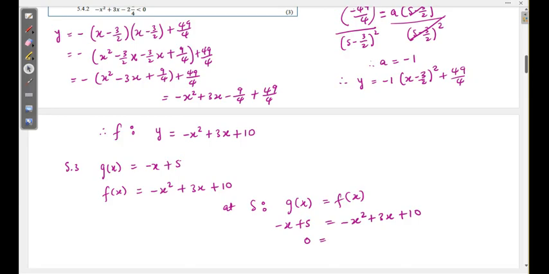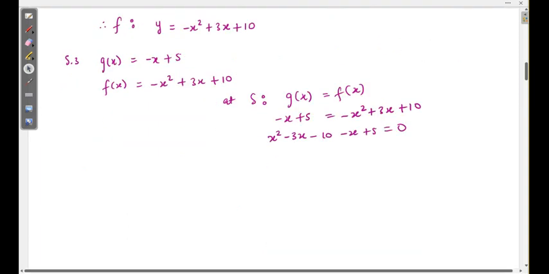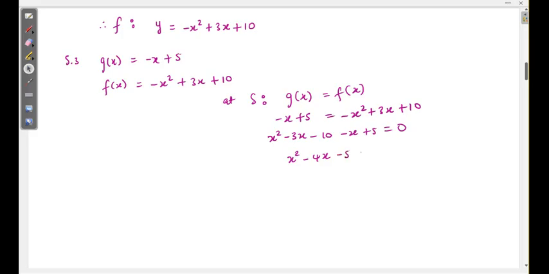Leave 0 there. Or you could take the negative x squared to this side, then this becomes negative 3x minus 10 minus x plus 5. So I took everything to the left. Then from there we have x squared minus 3x minus 1x is minus 4x, minus 10 plus 5 is minus 5.